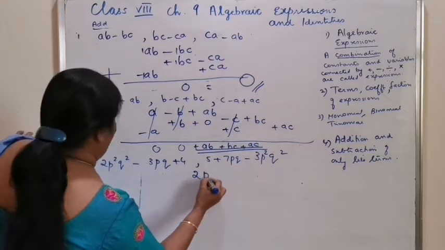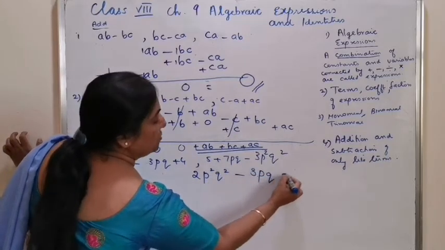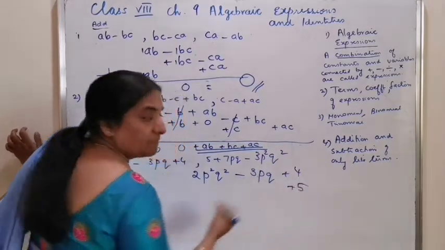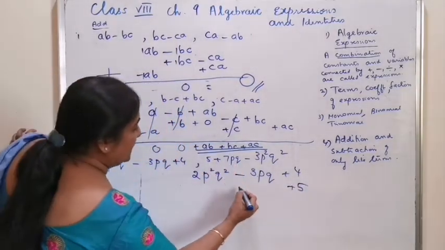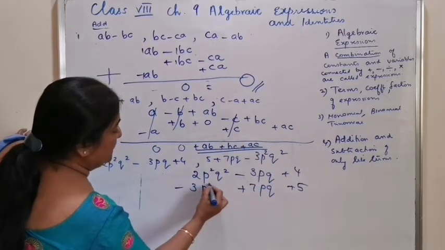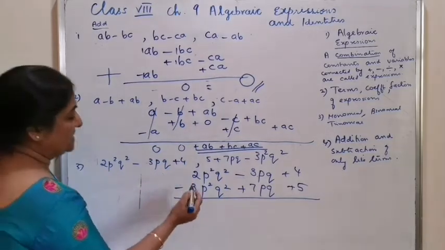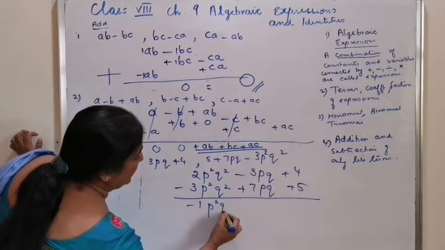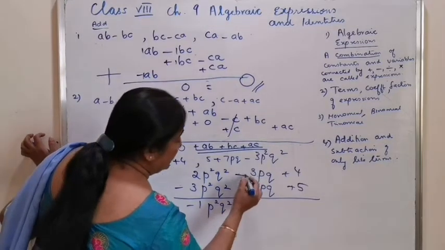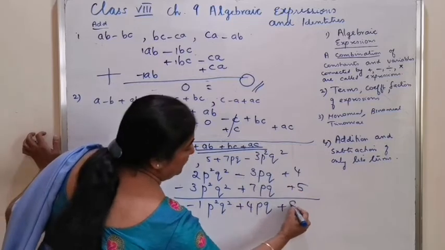Similarly, 2p square q square minus 3pq plus 4. Second one, positive 5. Then positive 7pq minus 3p square q square. Now 2 minus 3 is minus 1p square q square, plus 3 minus 3 plus 7 is plus 4pq, plus 4 plus 5 is 9.